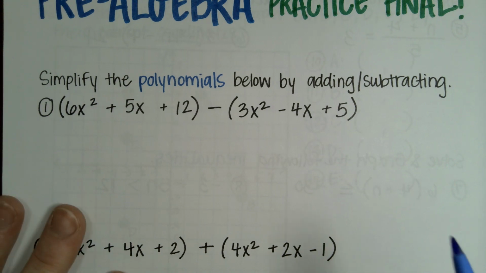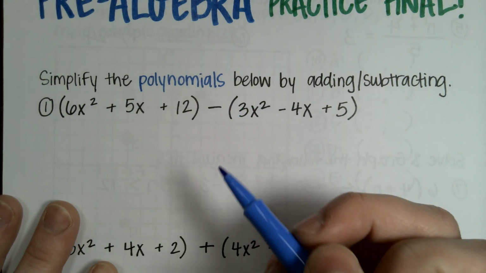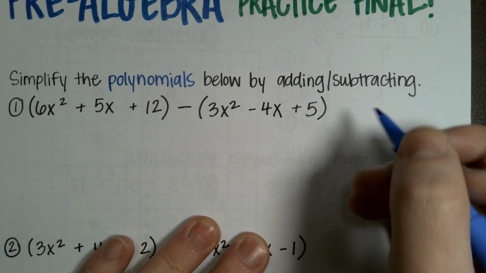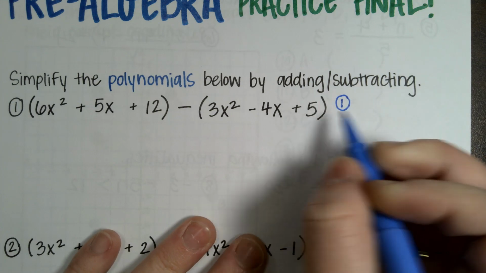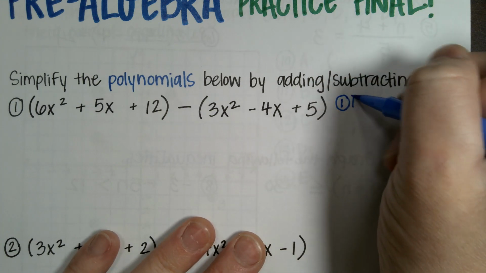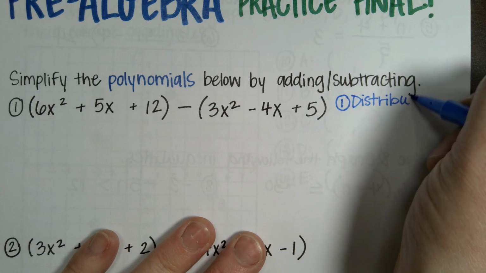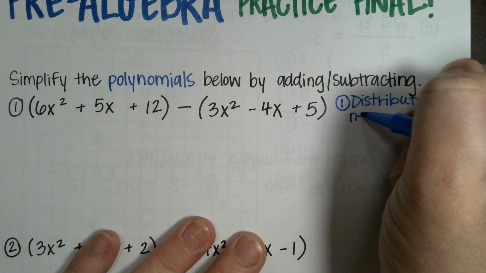Oh, no problem. So we want to turn this into an addition problem. And to do that, we need to, step one, distribute the negative. So let's make ourselves a little guide so we remember. Step one is distribute the negative.